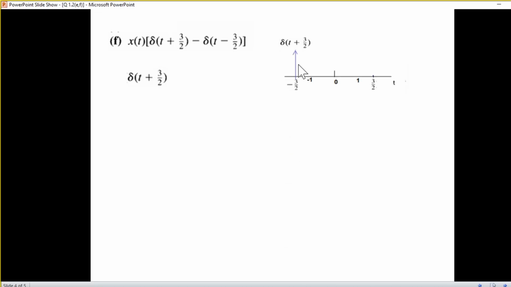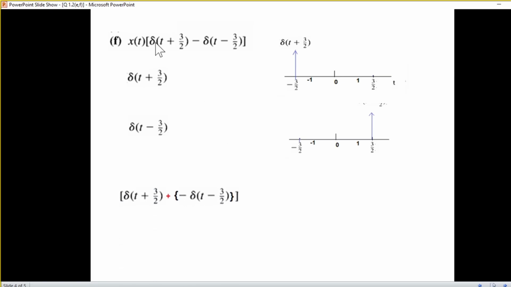So we plot this delta(t + 3/2) here. Let's plot the second part, and from here you can see t will be at 3/2, that is here. So this is our second part.